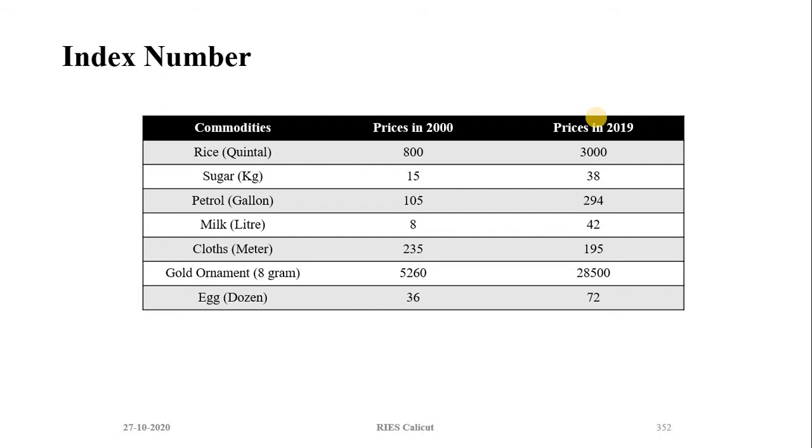The third thing is, if you look at the different commodities, all these commodity prices have been quoted in different units. The unit of the commodity is different. Rice is measured in quintal, sugar in kilogram, milk in liter, clothes in meter, gold in gram, and egg in dozen.